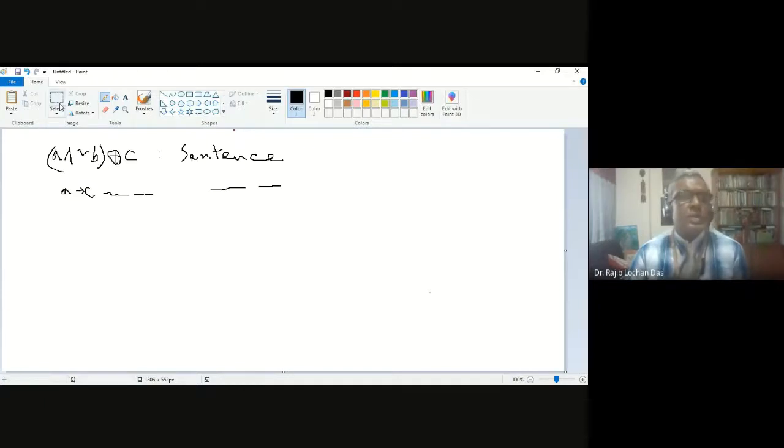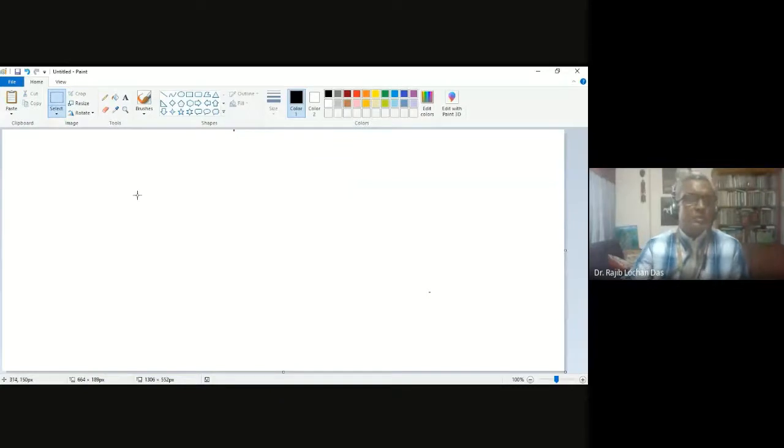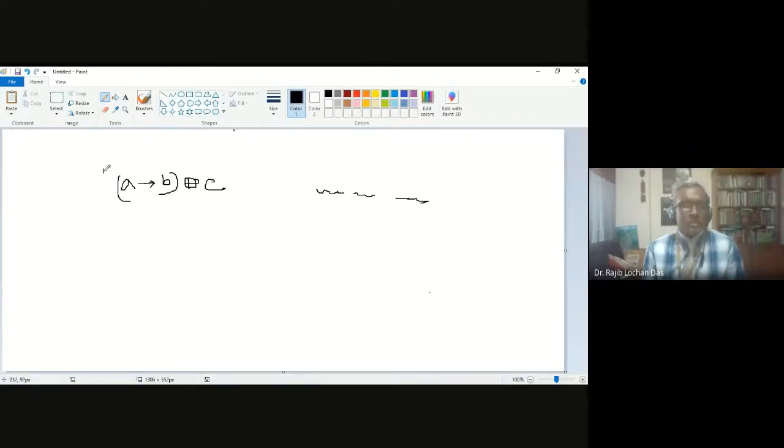And the truth table you practice at home. How? I will give you one expression, for example, A implies B and then XOR C. This is one expression, and I give another expression, and I will say, this is one expression and that is another expression, prove that they are the same.